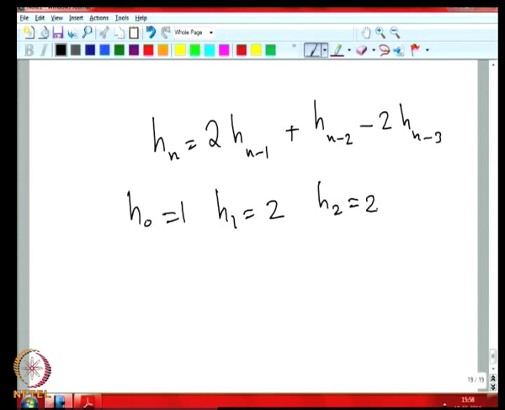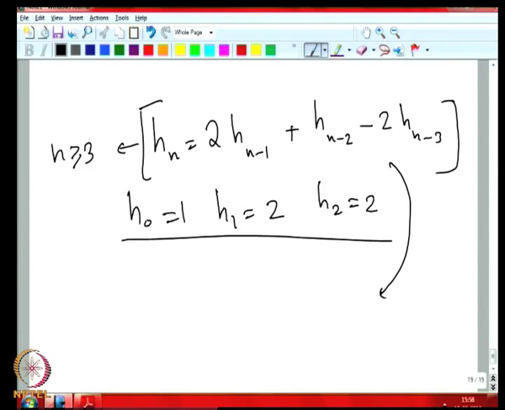Note that this relation will be valid only for n greater than or equal to 3, because if you try to write it for n equal to 2, then n minus 3 is H negative 1, which is not defined, right.